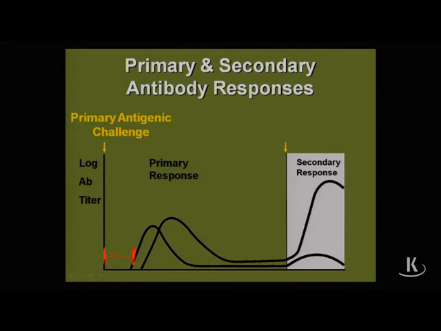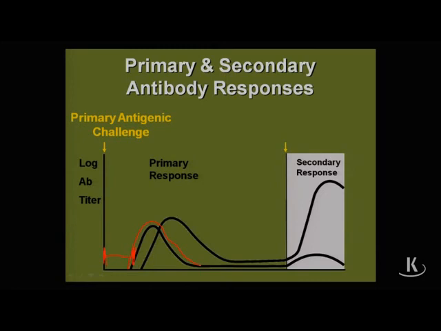And in a primary response, it takes 1 to 2 weeks for you to even get a decent immune response. Okay? Your immune response kicks in, your innate response is working very hard during that 1 to 2 weeks, and now you do start to get a decent antibody response, but predominantly it is IgM. Okay? Now, what will eventually happen, because remember, in your primary immune response, you're now going to have interactions between your B cells and T cells.